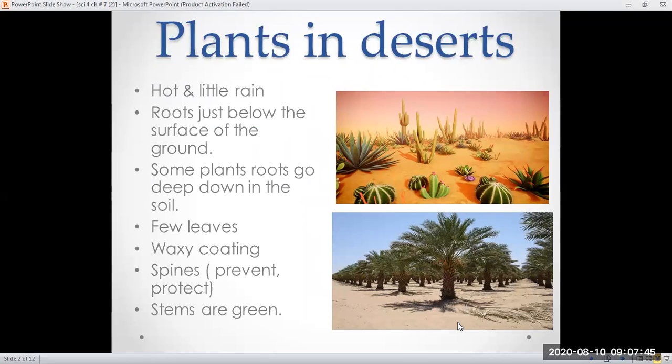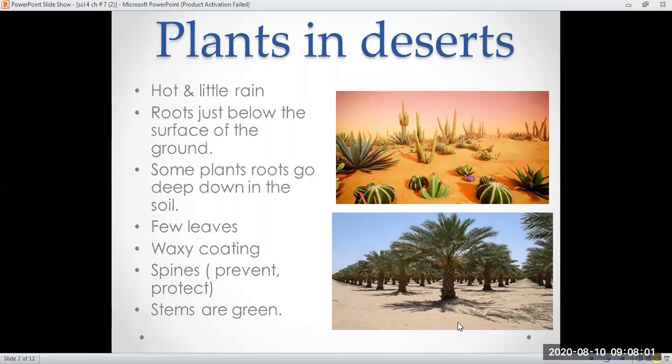In the desert, as you all know, students, deserts are very hot and very little rain falls on them. So the plants which grow there store a lot of water in them.